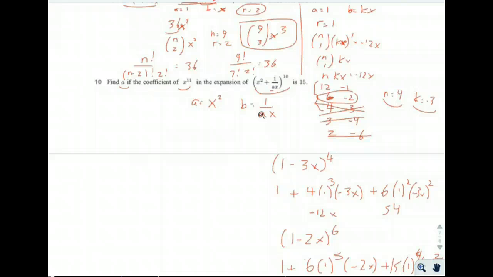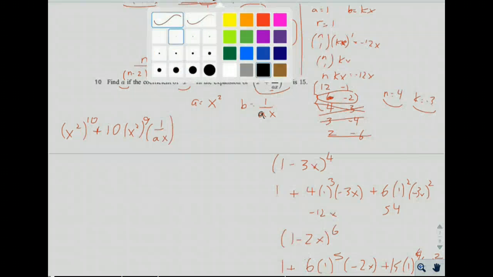So the first term would be x squared to the 10th, and we know that it's the 10th power, so the second one is going to be 10 x squared to the 9th, 1 over ax, and that's the black a, I'm sorry.